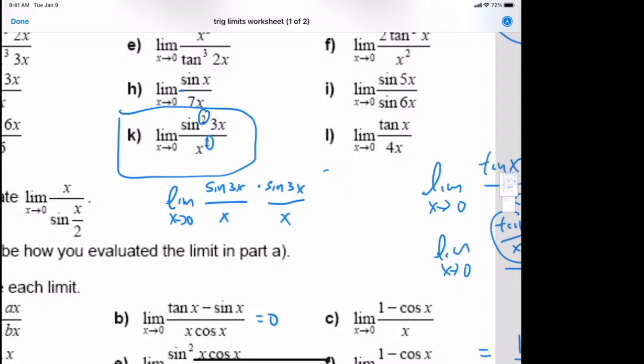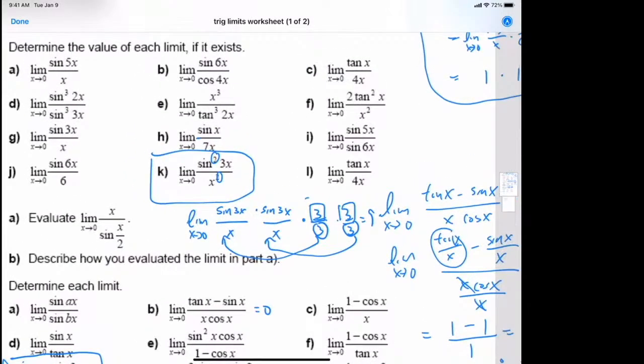Does that make sense? Yeah. And I multiply by 3 over 3 and multiply by 3 over 3. I'll move the 3 here. I move the 3 here. And this multiplied together is going to give me 9.